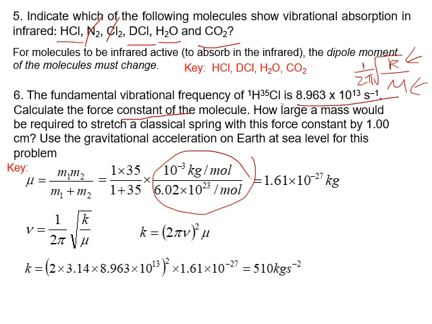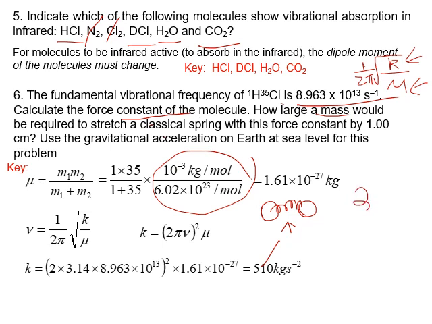Okay. Now here it asks you how large a mass would be required to stretch a classical spring with this force constant. So we imagine the molecule bond like a spring with a force constant equal to 510.